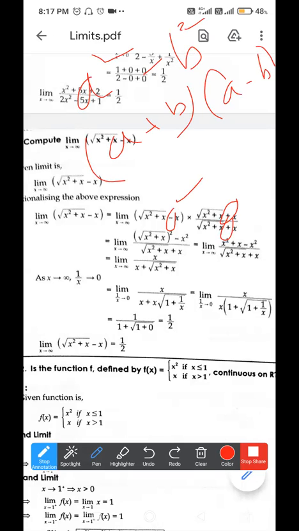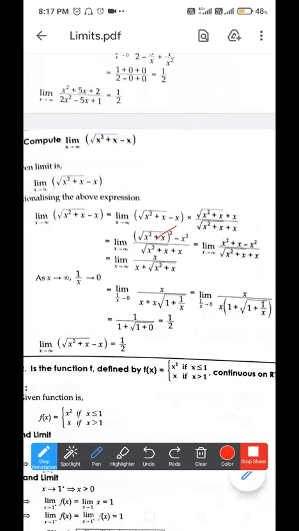After opening the brackets, after cancelling the square and the root, you will be left with x square plus x minus x square, which gets cancelled, so x by x plus root of x square plus x.